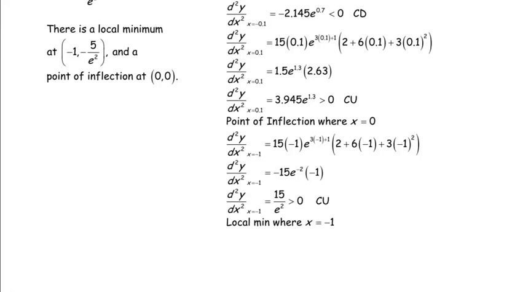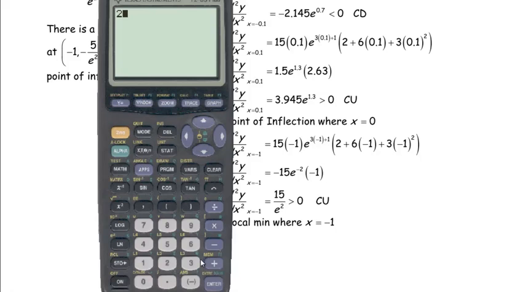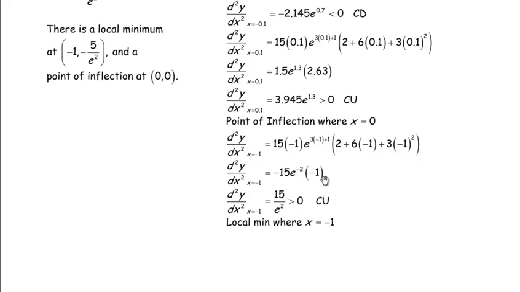In the brackets here, well, I guess I did use the factor form, didn't I? Same idea here. Really just need to do this to find the sign. So that's where the negative 1 comes from. And so negative 15 times negative 1 is positive 15, again, over e squared.